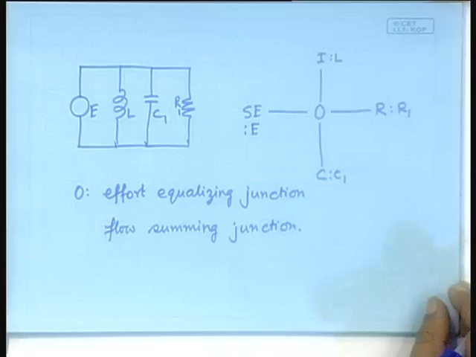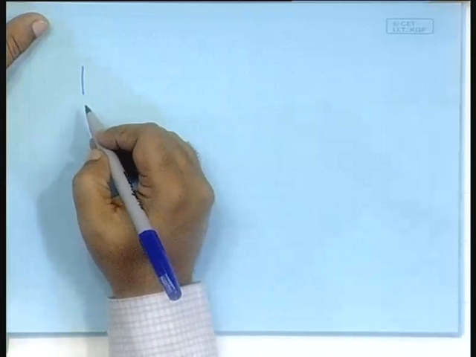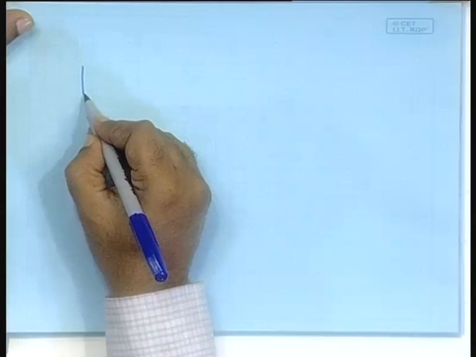Okay. Now, let us go about trying to draw bond graphs for a few very simple systems. Suppose there is a circuit like this. Initially, let us start with circuits because they are easier to handle.